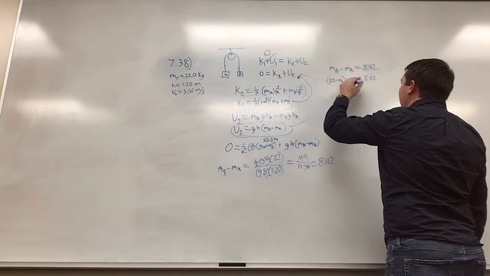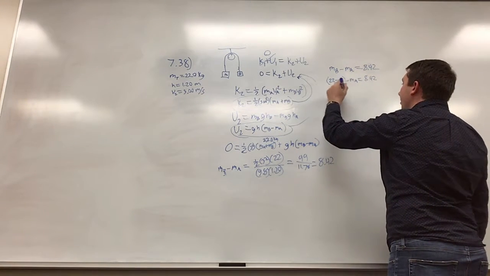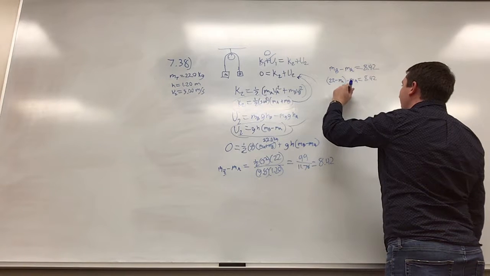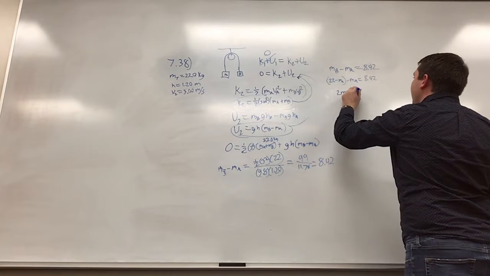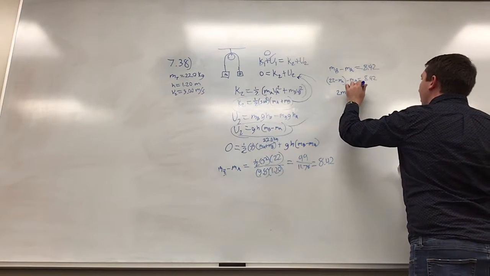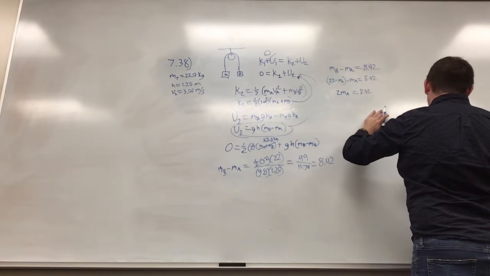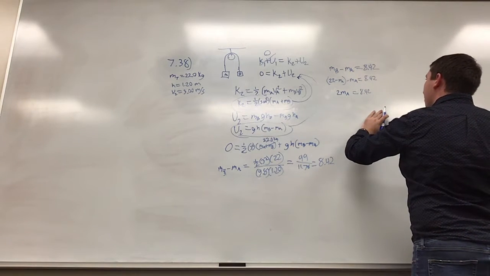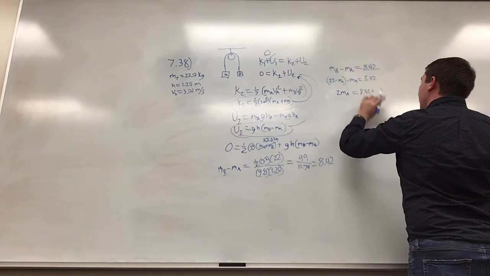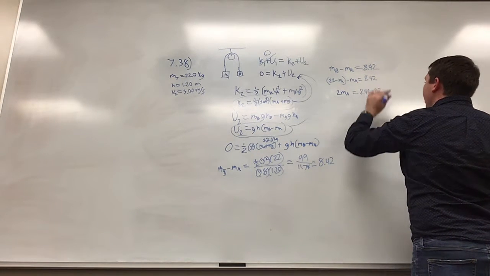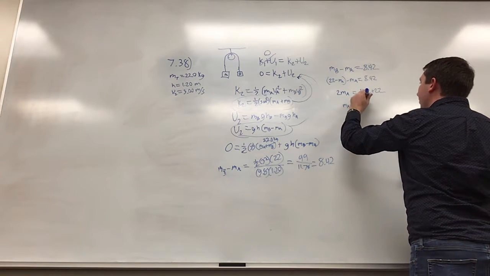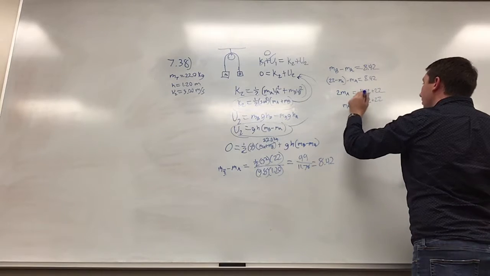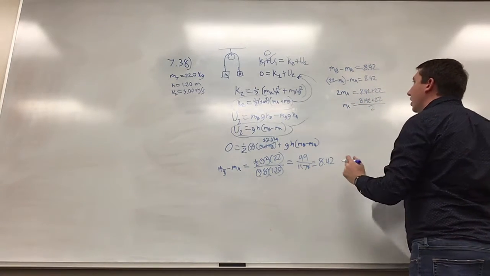We can then do the math to isolate for mass A. So 2 times mass A is going to be equal to 8.42 plus 22. So mass A is going to be equal to 8.42 plus 22 divided by 2.